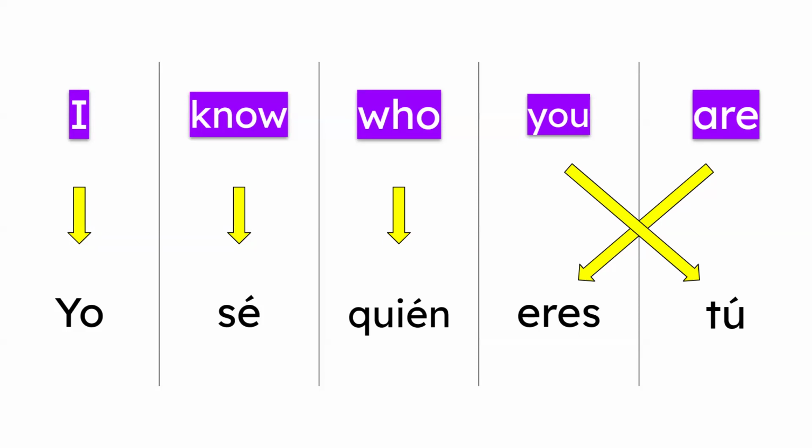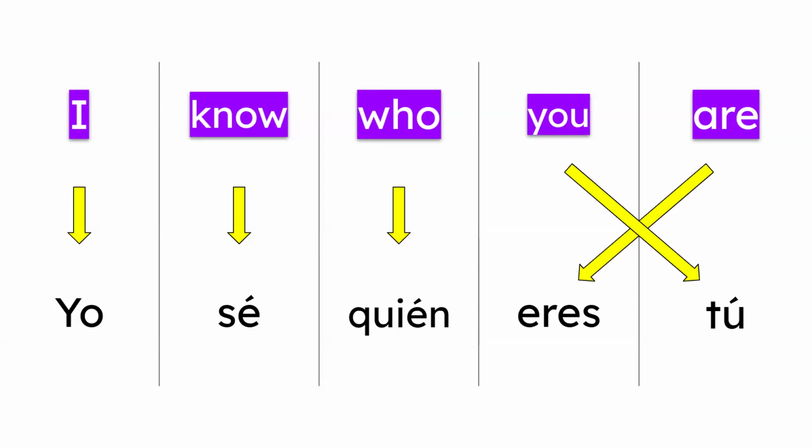Okay, very good. Now, why are we inverting this in Spanish? Because if you take a look at the second part of this sentence, I know who you are. Who you are is basically a question, right? Who are you? But since we're starting this sentence with a positive statement like I know who you are, then who you are is not a question anymore. It's called an indirect question.